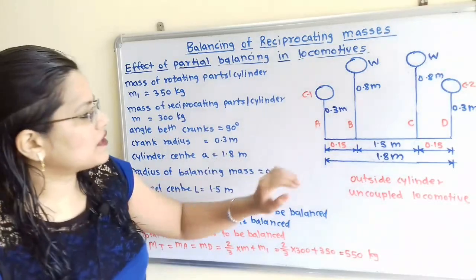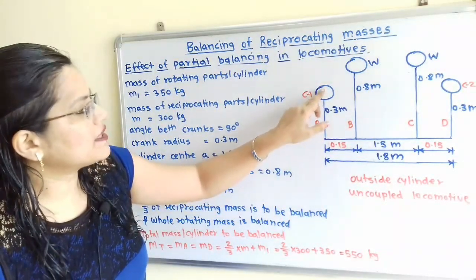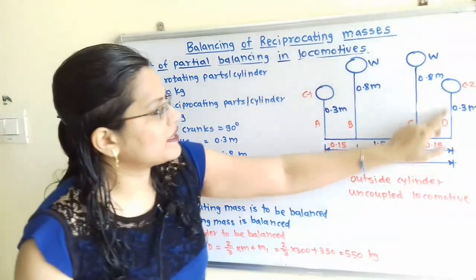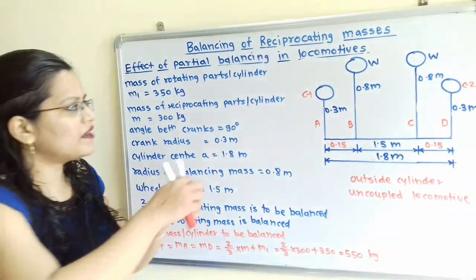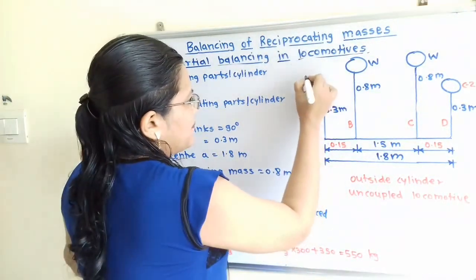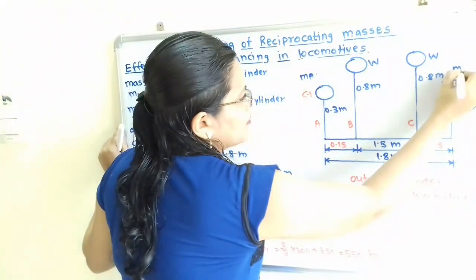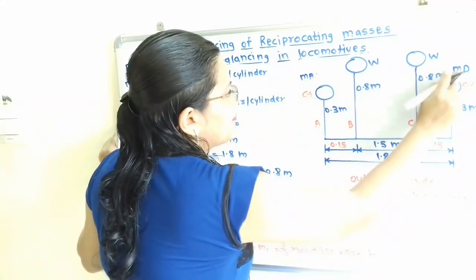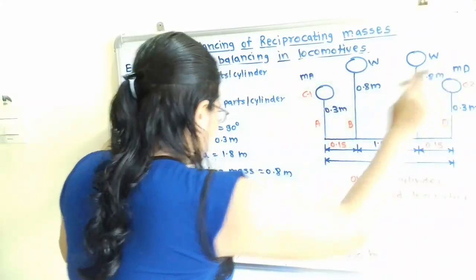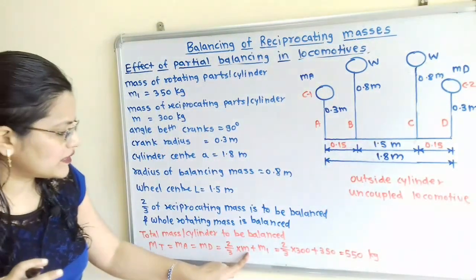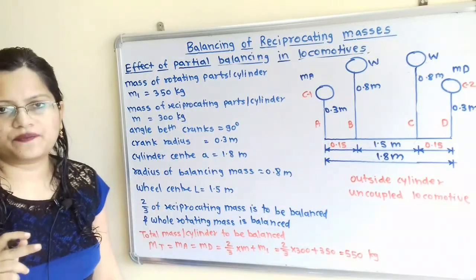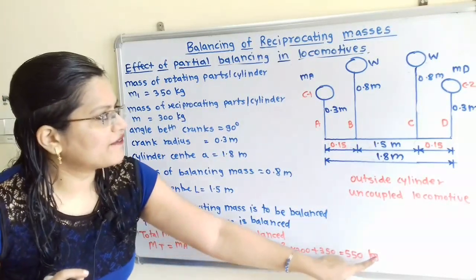Now if we observe the diagram, at plane A here will be the mass MA and at plane D here will be the mass MD. So I will mention here MA and here MD. Now this MA and MD we have to calculate, that is 2 by 3 into 300 plus 350, which is equal to 550 kilogram.